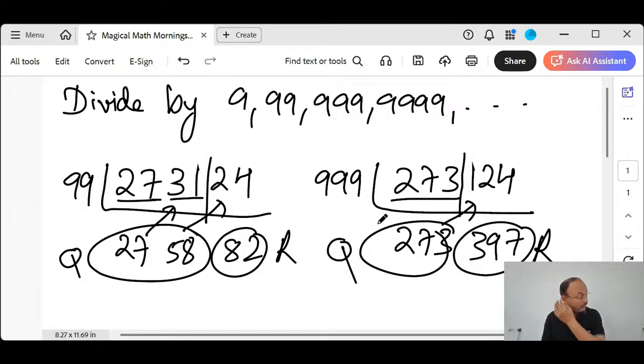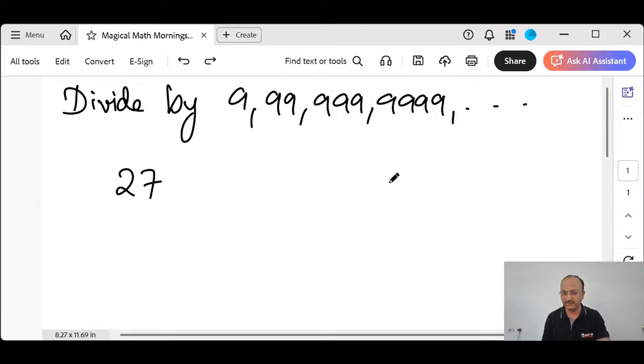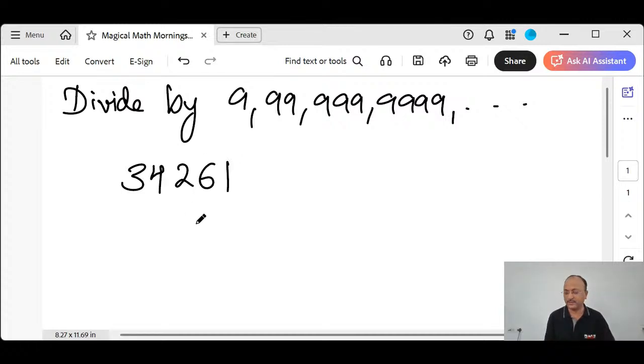Okay. Now we'll see the numbers when there is a carryover. Can we do it with the same speed? Yes, but the only thing is it may take 1 or 2 seconds more. That's it. Okay, let's take one number, 34261.